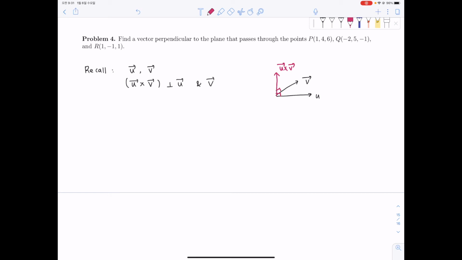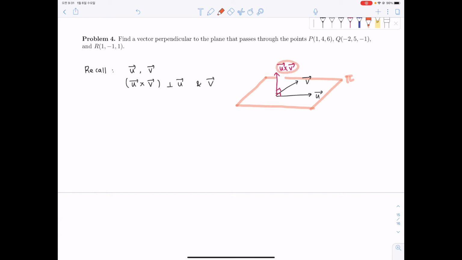So we can see that if u and v are not parallel vectors, then it determines one plane containing these two vectors, u and v, and the vector which is perpendicular to this plane pi is just the vector u cross v.